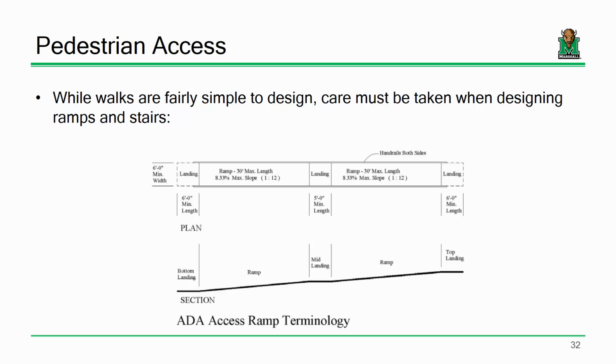But do you want somebody in a wheelchair going up a constant ramp? Probably not. It's probably a good idea to provide some landings every so often. Usually you want to provide landings every 30 feet. So you'll have an incline section and then flat, incline, flat, incline, flat.